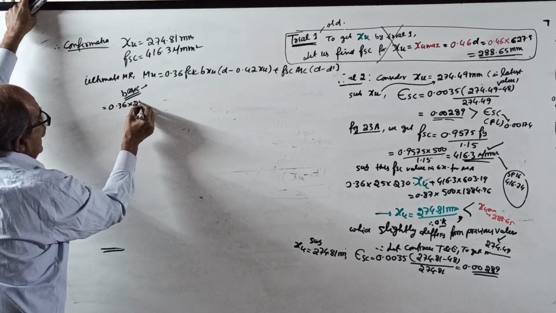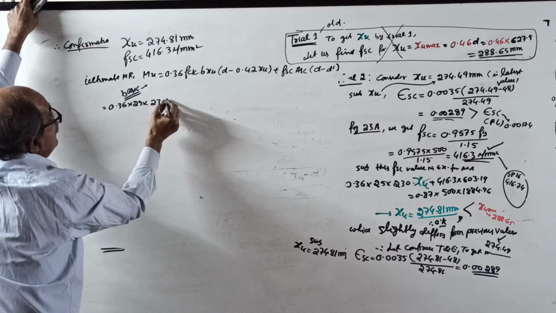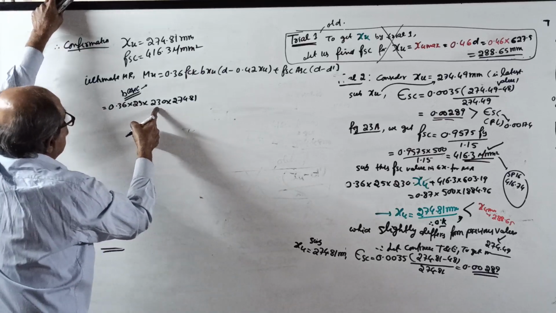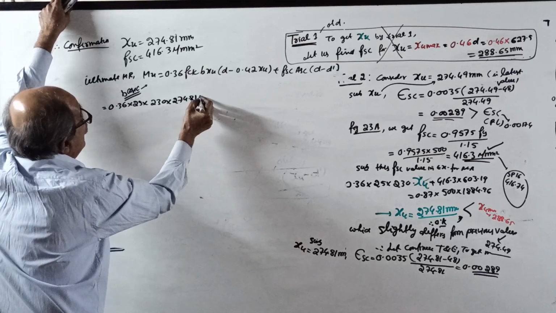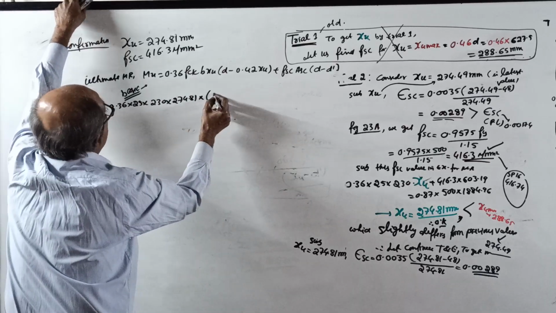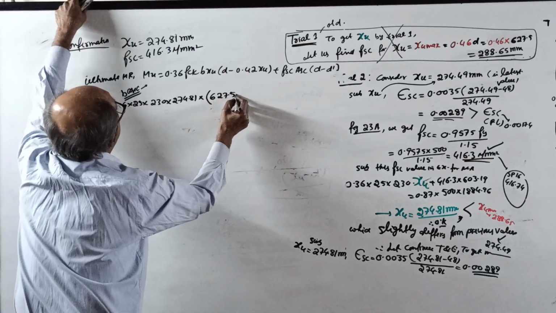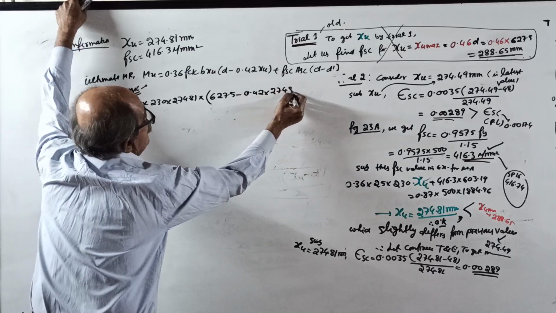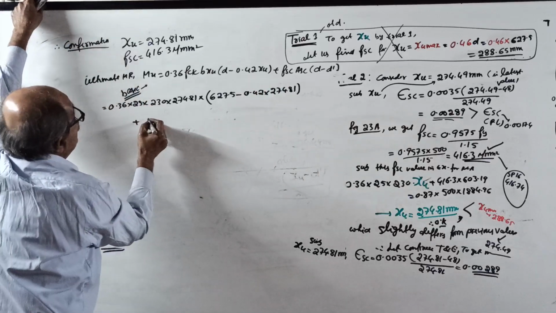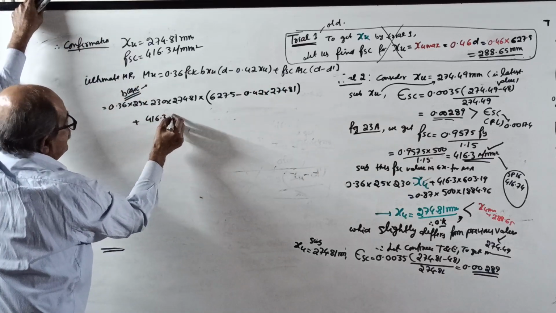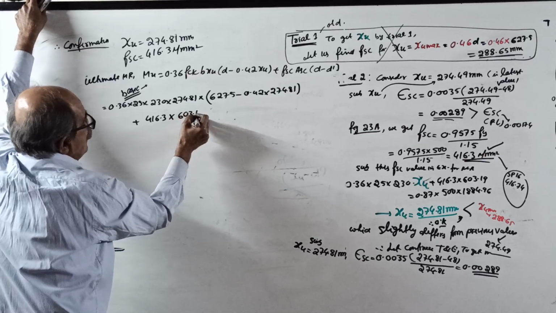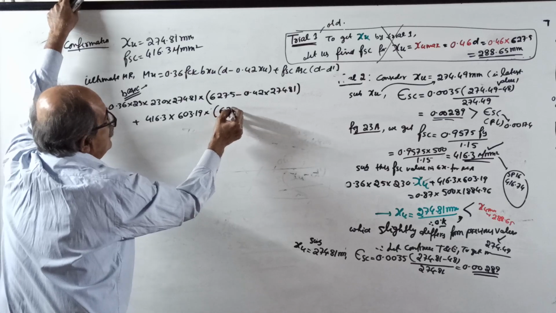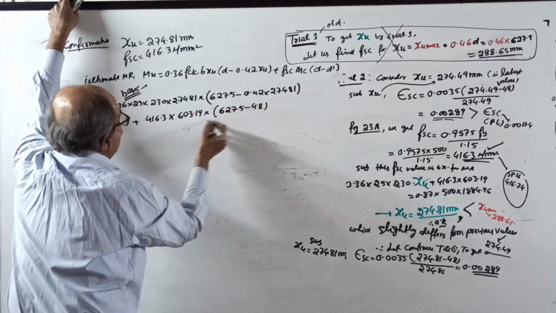0.36 into 25 is the average stress, into 230 into 274.81. This is the average stress into area multiplied, this will give the force, multiplied by (627.5 minus 0.42 into 274.81), which gives the lever arm, plus FSC 416.3, the stress in compression steel, 603.19 is the area of compression steel, will give the force in compression steel, into lever arm of (627.5 minus 48).